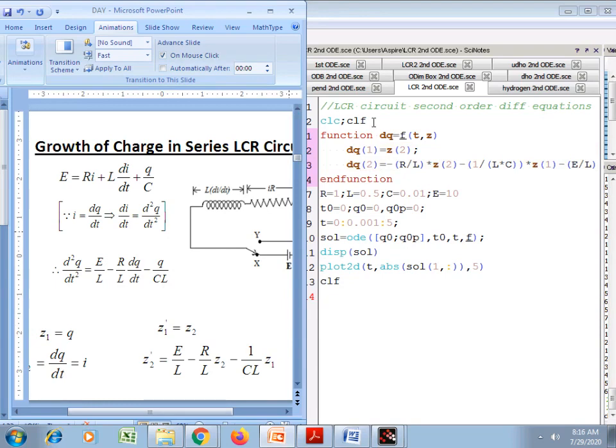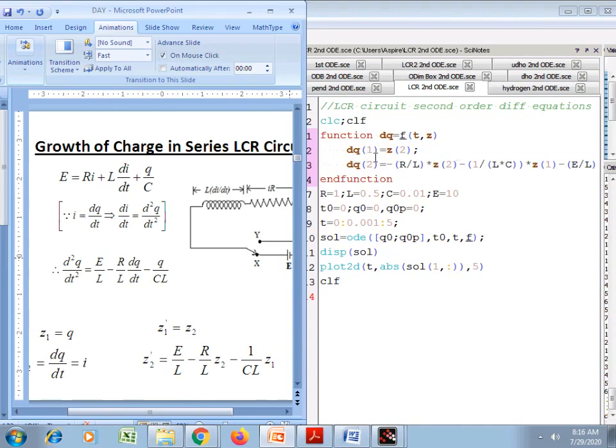It begins with the CLC and CLF commands, then the function dq is equal to f of t, z. Here t is the independent variable in the differential equation and z is the newly substituted symbol for q and dq by dt.